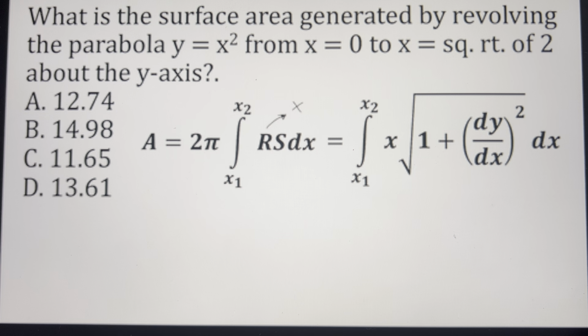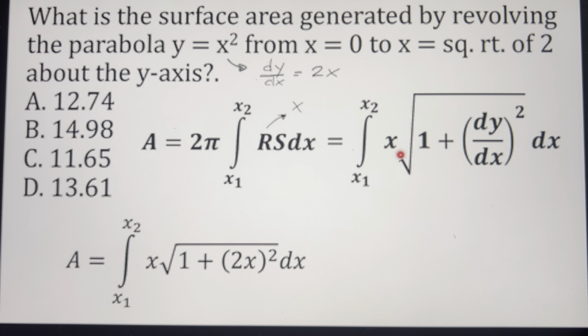So put that in our calculator. So this is our function. So the derivative of y with respect to x will be 2x. So put that, let it be x times square root of 1 plus dy dx, which is 2x, squared. Limit is from 0 to square root of 2. Answer is 13.61 units.